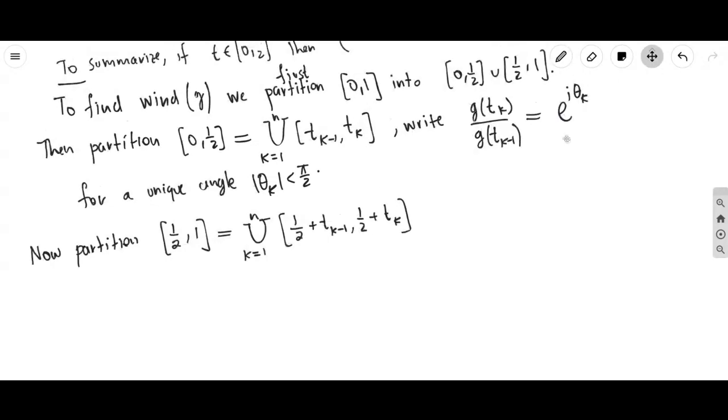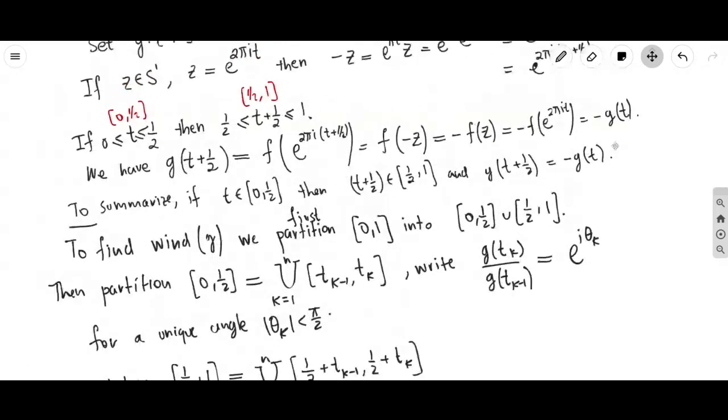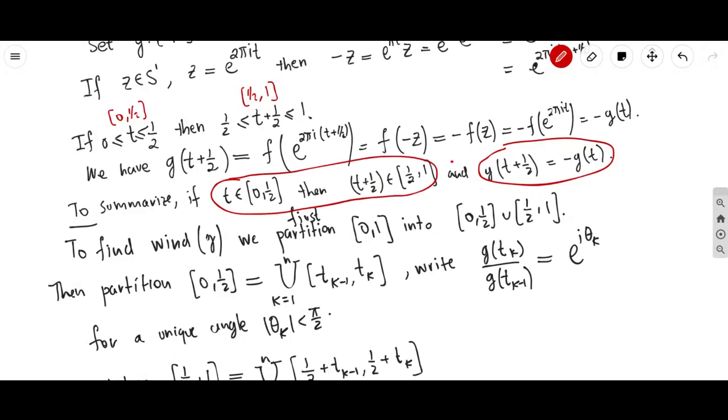This has to do with what we said in the previous line, that G has this kind of property. So G of t plus 1/2 is negative of G of t, and if we have a number between 0 and 1/2, then if you shift it over by 1/2, it's in this interval, and this is the anti-symmetry that you're going to be taking advantage of.